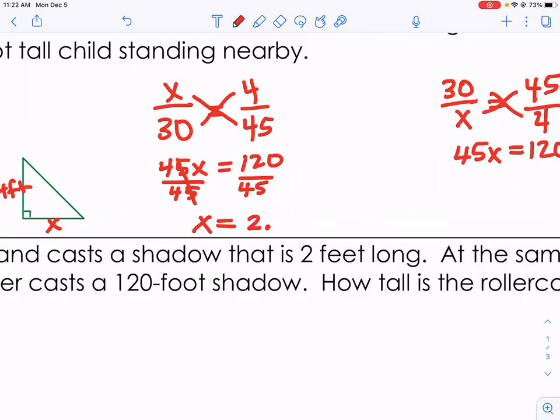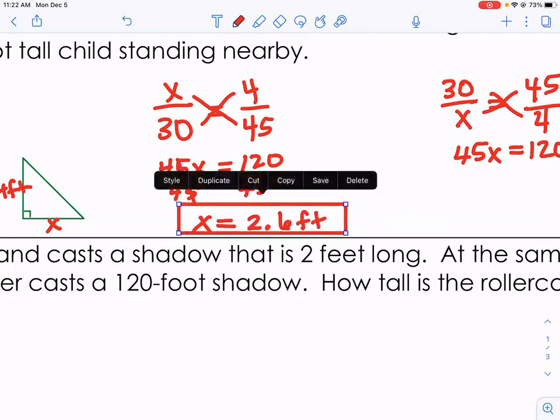Did we need to round at all? There's nothing after 6? Oh, yeah, there is. There's a bunch of 6s. So let's round to 2.7.